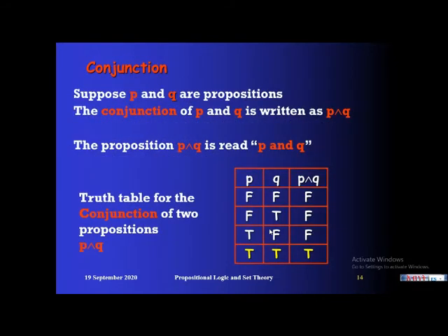Conjunction. Suppose P and Q are two propositions. The conjunction of P and Q is written like this. By the way, conjunction means and. So the proposition P and Q is written as P and Q like this. When you see the truth table, since we have two statements, we have four possibilities.